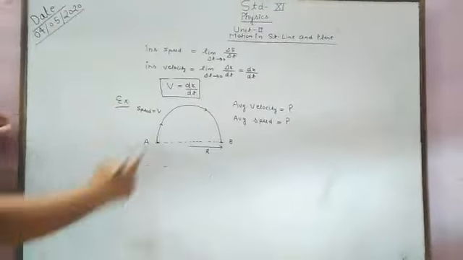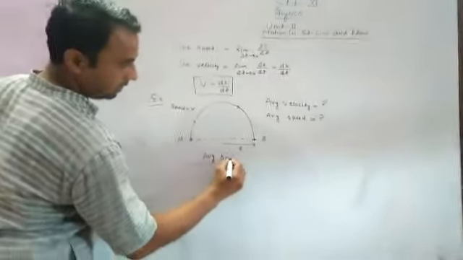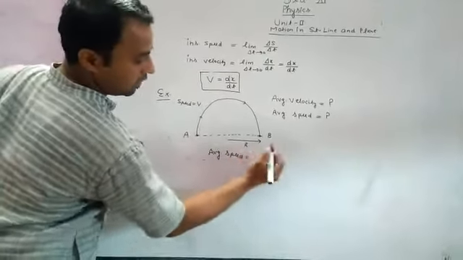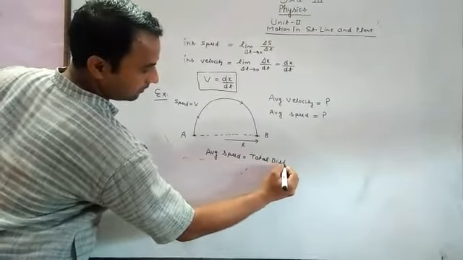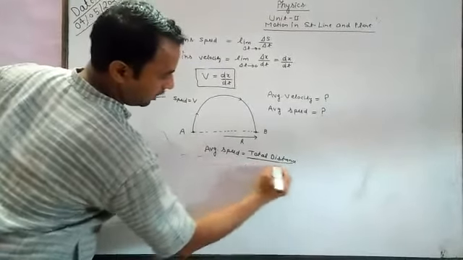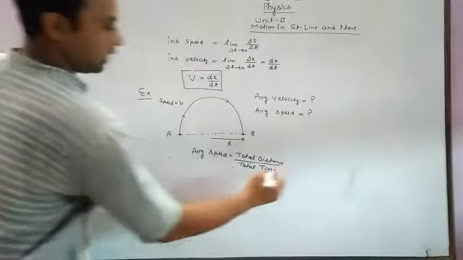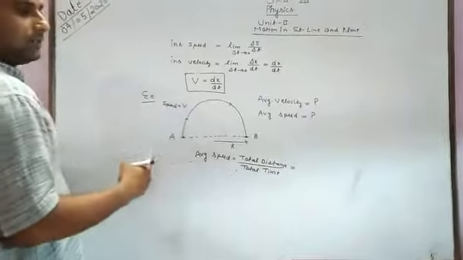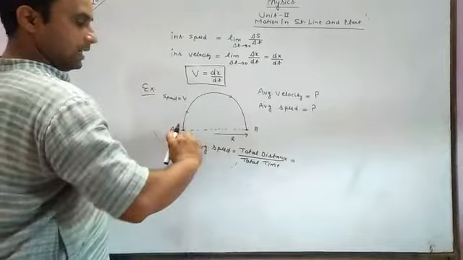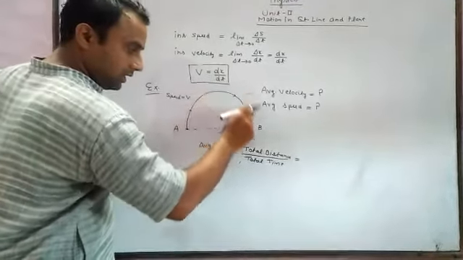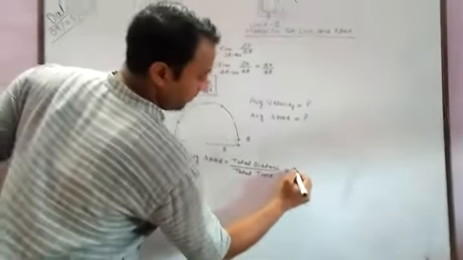We have to consider the formula for the average speed, which is equal to total distance upon total time. What is the total distance covered by the particle when it moves from A to B? The distance is the length of this track, which is a semicircle, so it is pi r.